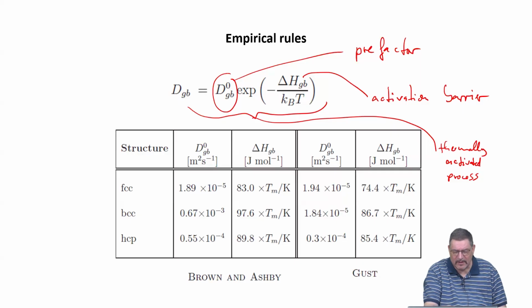So you see that basically the higher the melting temperature, the higher the lattice stability, the tendency is that you also get higher activation enthalpy for grain boundary diffusion.